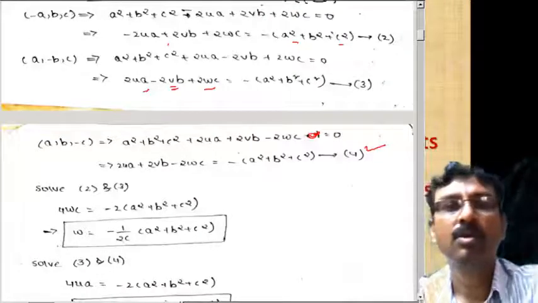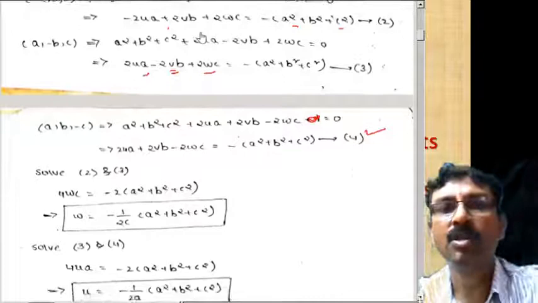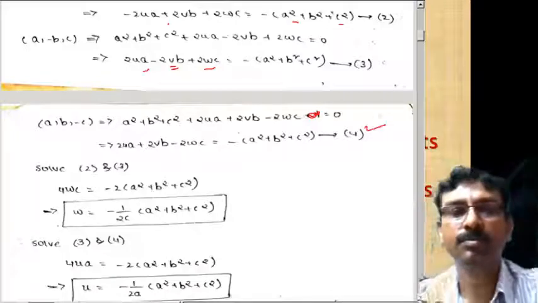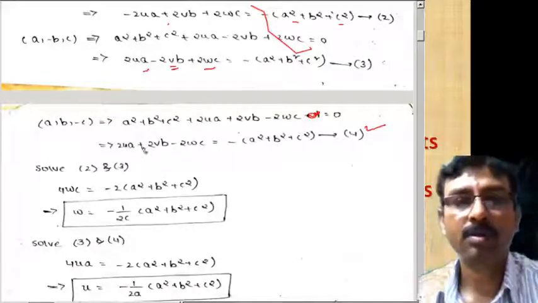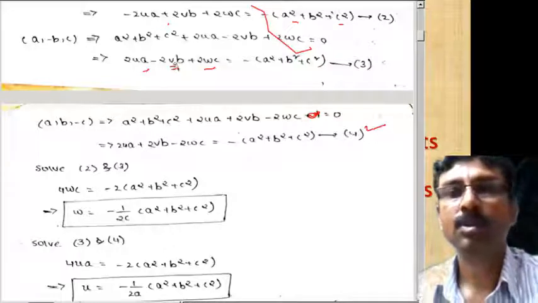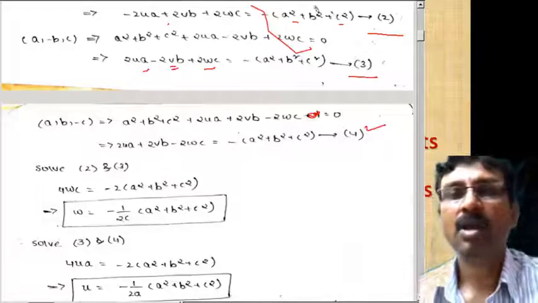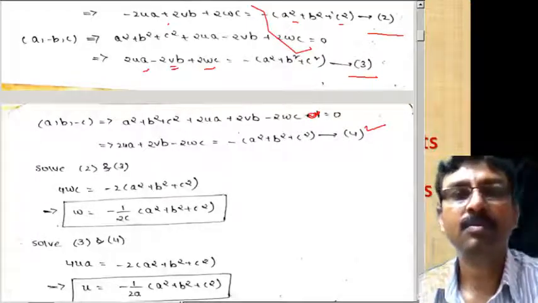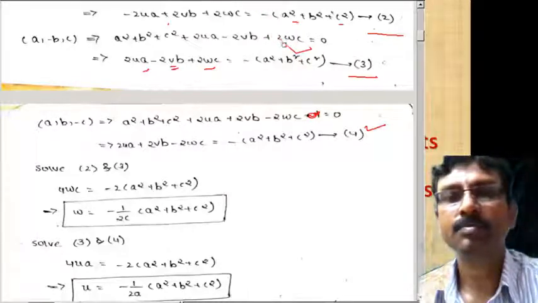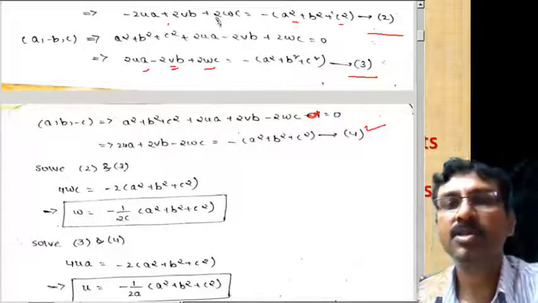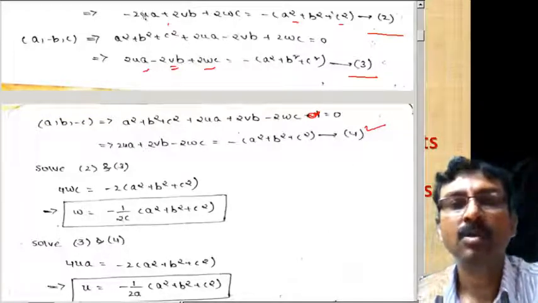Here are three equations, equation 2, 3 and 4. Taking the second and third equations, observe the left side terms: some have negative terms, some positive terms.